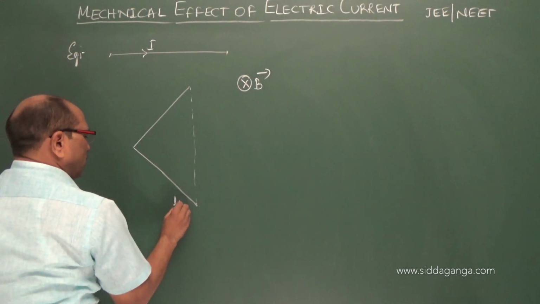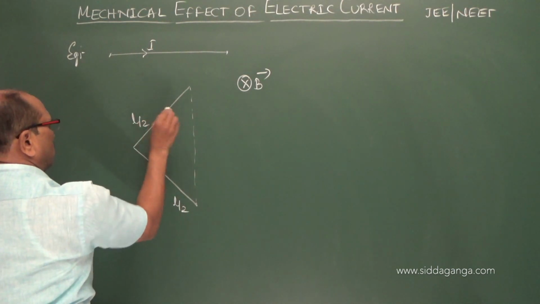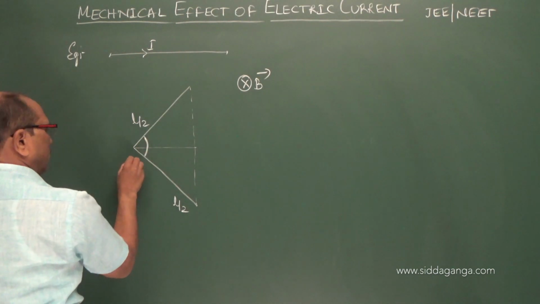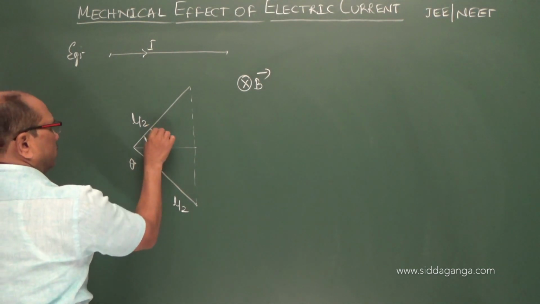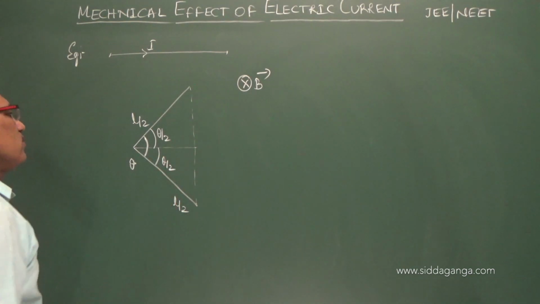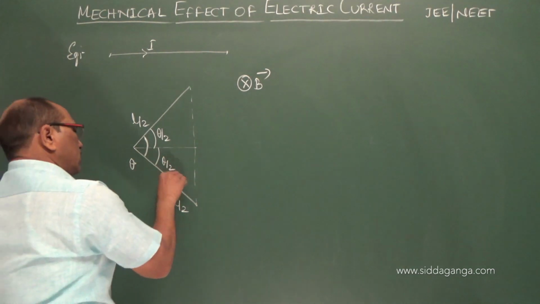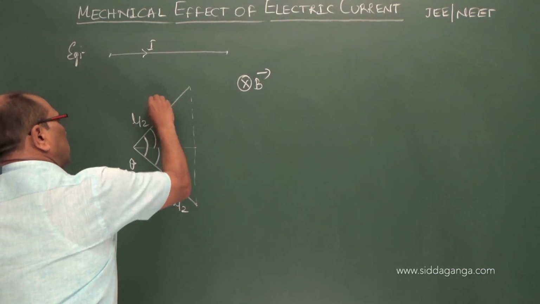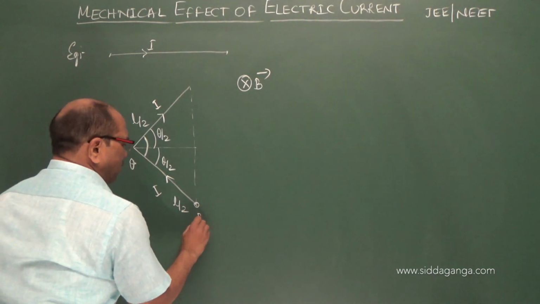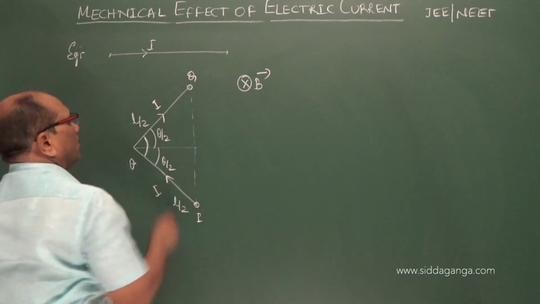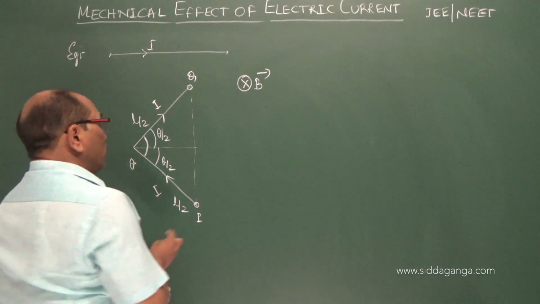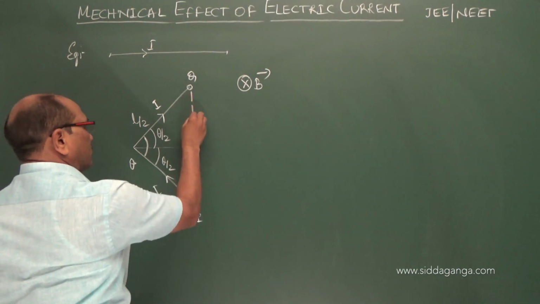This part becomes L/2 and this also becomes L/2. The total angle is theta, so each part is theta/2 and theta/2. Now the current I flows in this. I cannot take the wire from P to Q as it is.